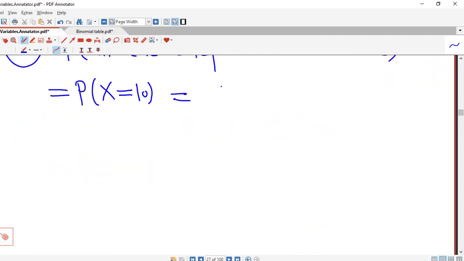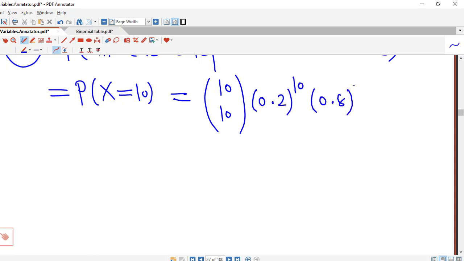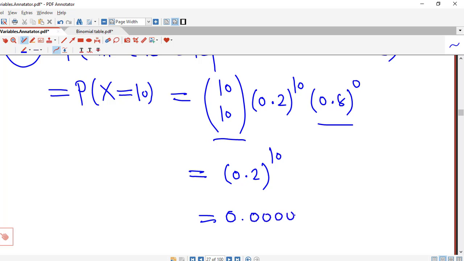So we write here 10C10, 0.2 raised to 10 and 0.8 raised to 10 minus 10, that is 0. 10C10 is 1, this is also 1. So we have 0.2 raised to 10, and if you use a scientific calculator, your answer will be up to 9 decimal places.